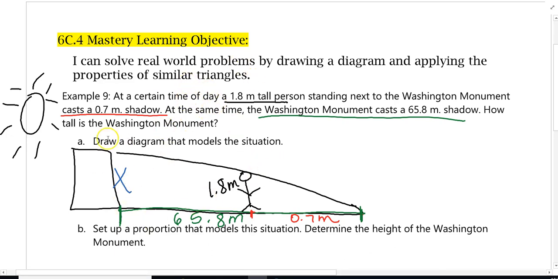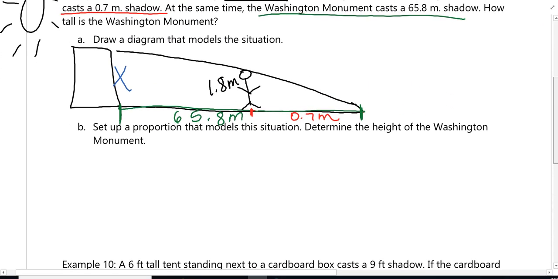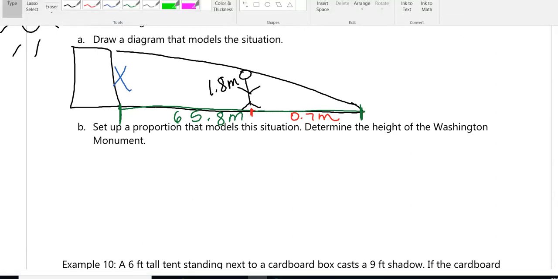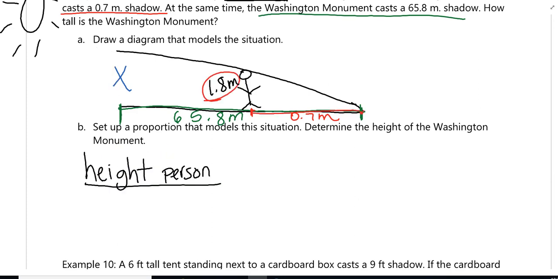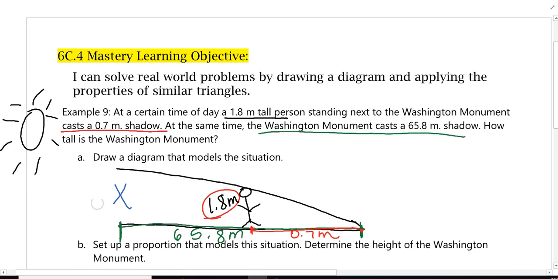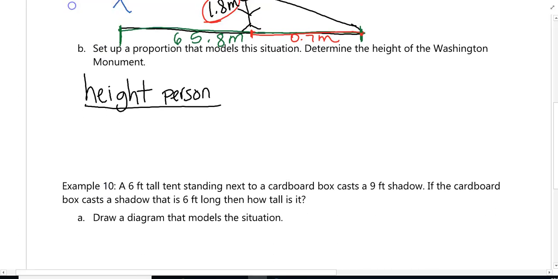And we can set up a proportion that relates the shadow that's casted to the height of our little person here. So what we're going to be doing is setting up a proportion that basically has the height of the person over the height of the monument.